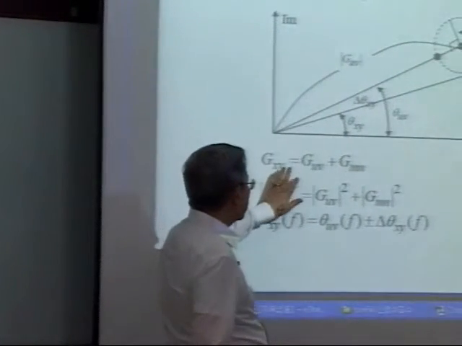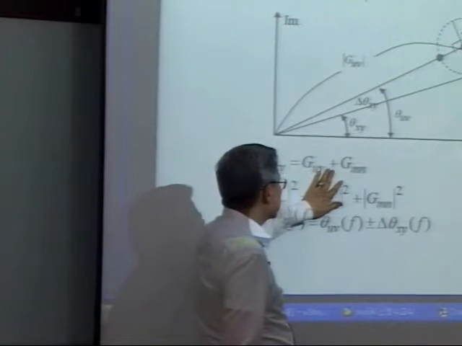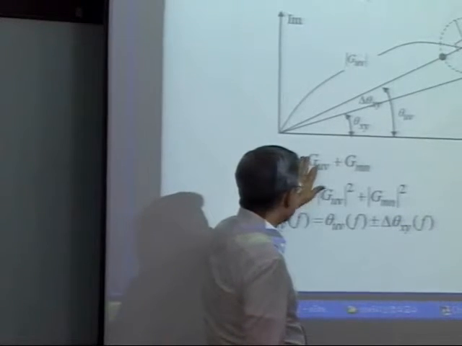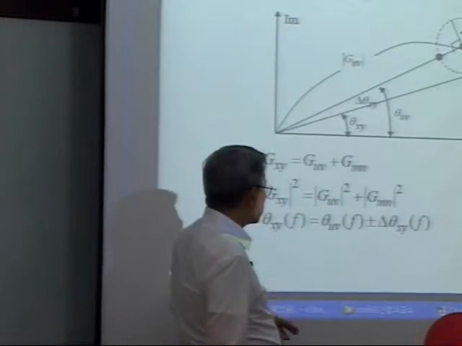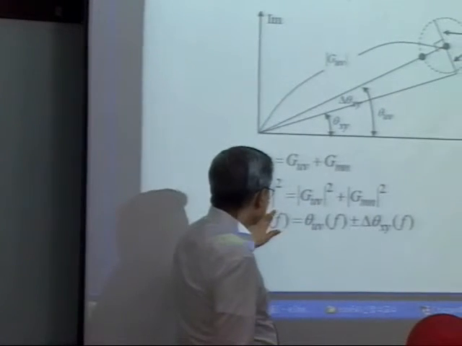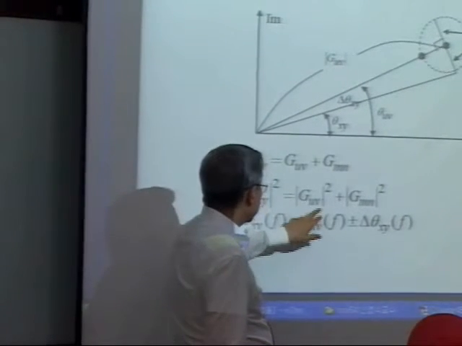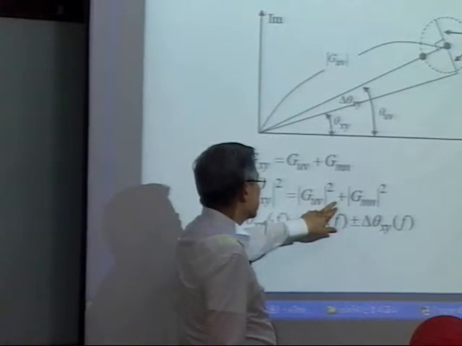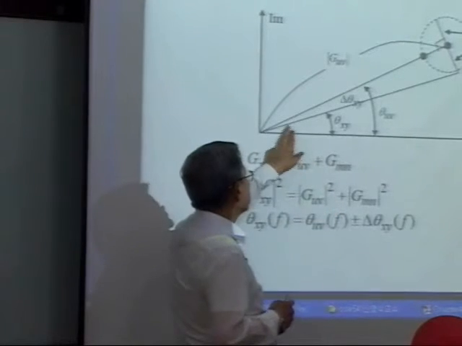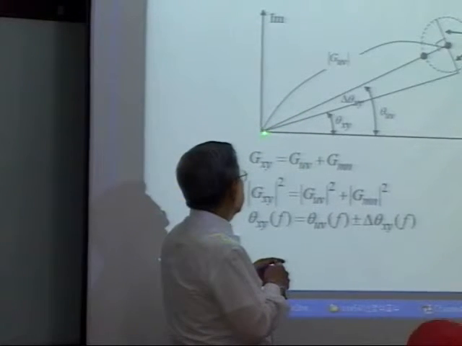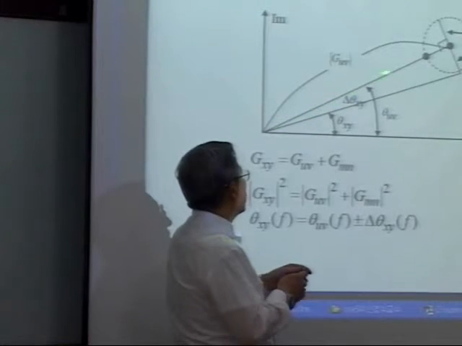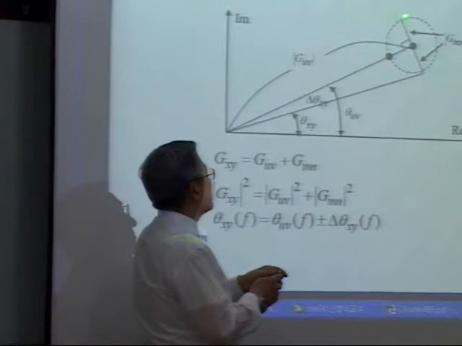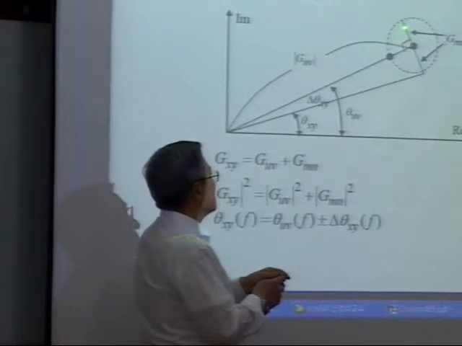So gxy is equal to guv plus gmn. And now we put the absolute, then two situations could occur. Simply this is just a vector summation in both situations, whether when you're adding together it's going to be this vector plus that vector, or this vector plus that vector in a complex domain.